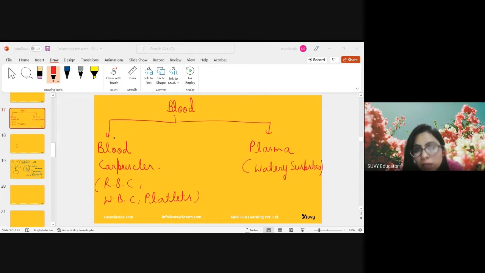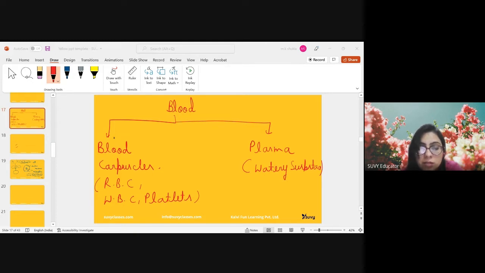Plasma is completely colorless and watery. It consists of 90% water, and the rest 10% is various types of ions and other materials embedded in it. Then there are three types of blood corpuscles: red blood cells, white blood cells, and platelets.